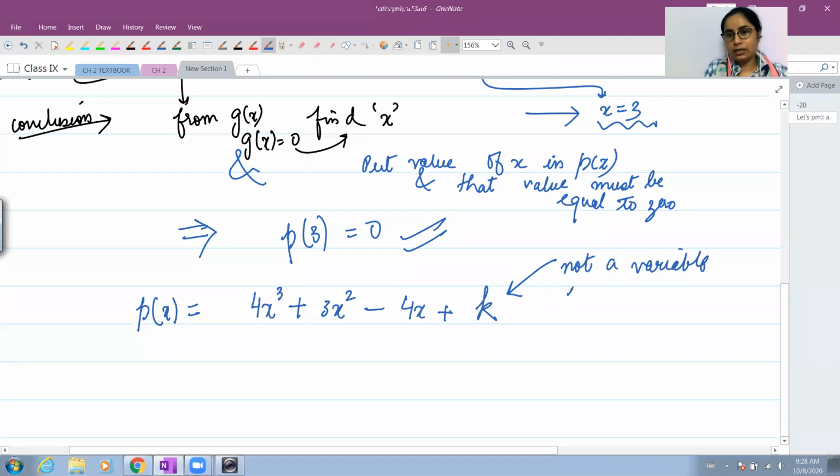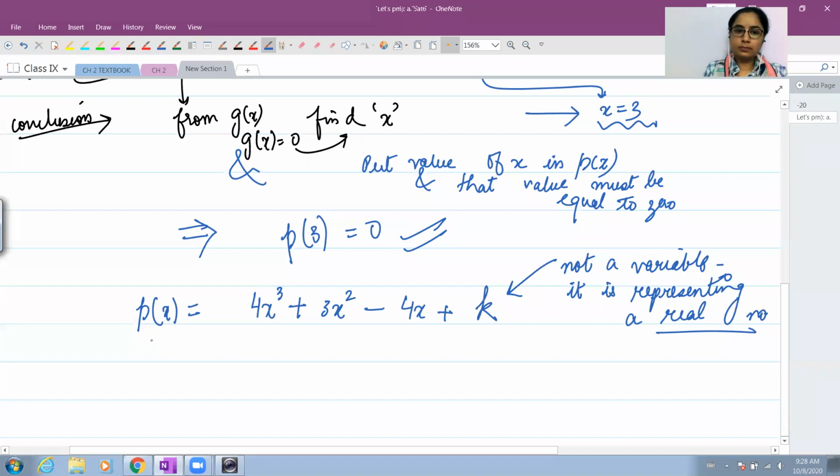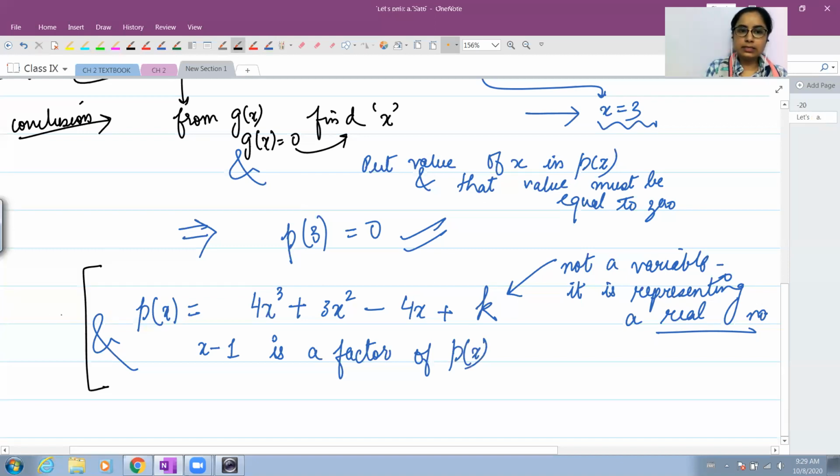Actually, it is representing a constant. And I have been given that x minus 1 is a factor of px. This is given to me.